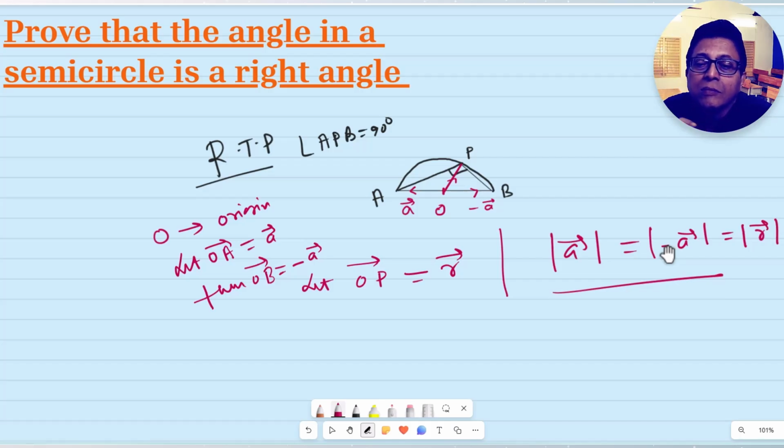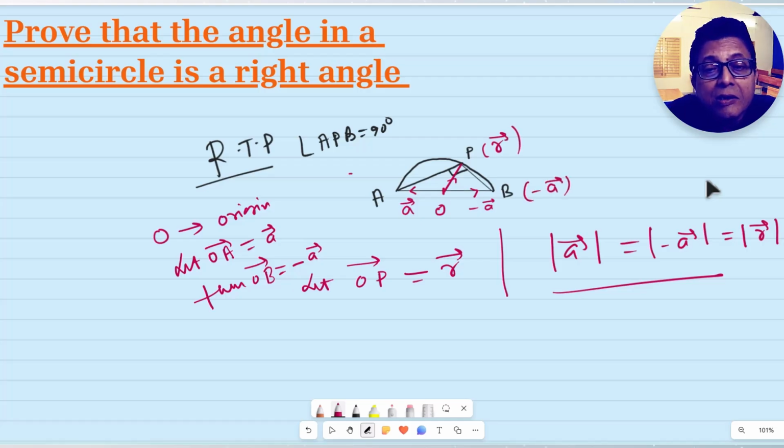Okay. Now you all have done position vectors and how to express a vector in terms of the position vectors of the end points. We have taken the position vector of A as A here, you can see P as R and B as what?